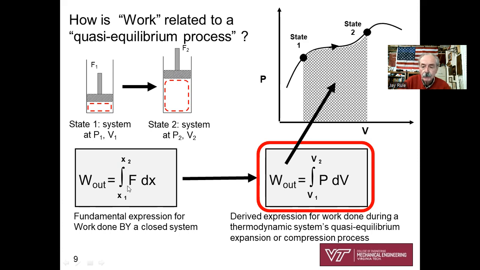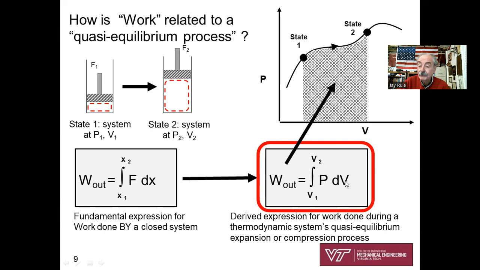Your book does a great job, and I'm sure your instructor will do a great job, of deriving from this basic fundamental for a quasi-equilibrium process, where at all times this closed system is in equilibrium, that the integral of F dx is exactly equal to the integral of P dV, pressure times d volume.